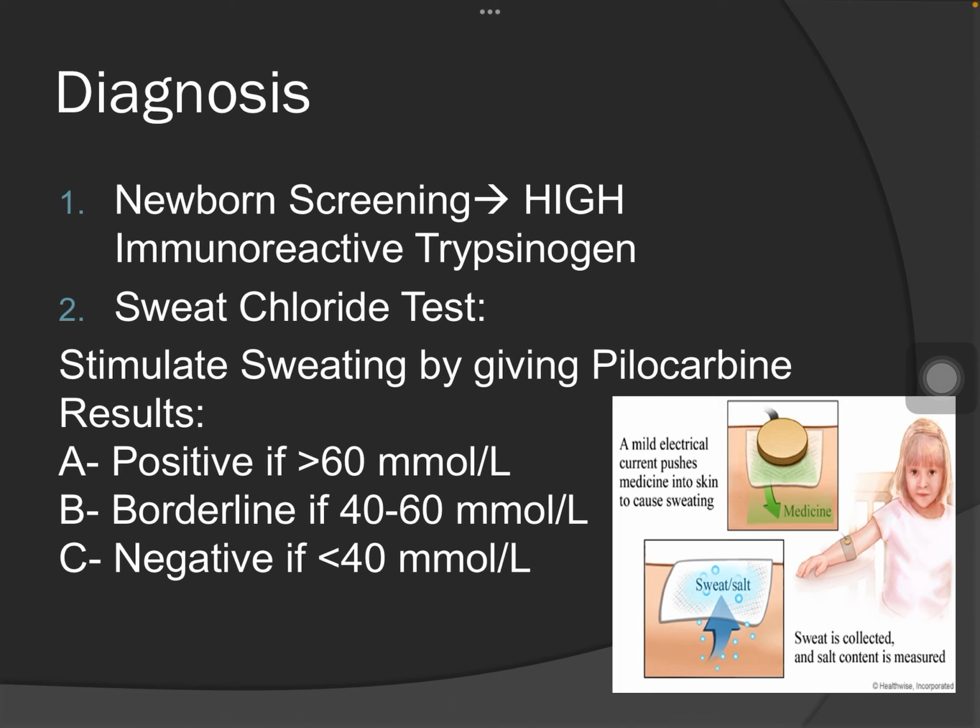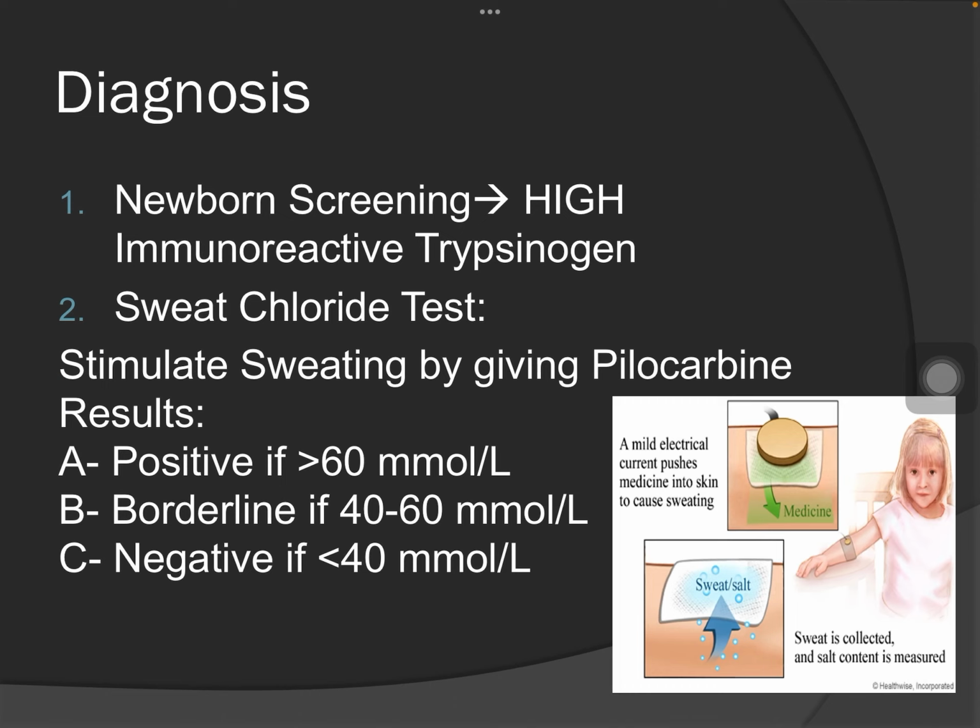Now, diagnostic tests we use. First of all, we may use newborn screening, which will show high immunoreactive trypsinogen. And we have something called the sweat chloride test, where we stimulate sweating by giving pilocarpine to the patient, as you see in the picture.